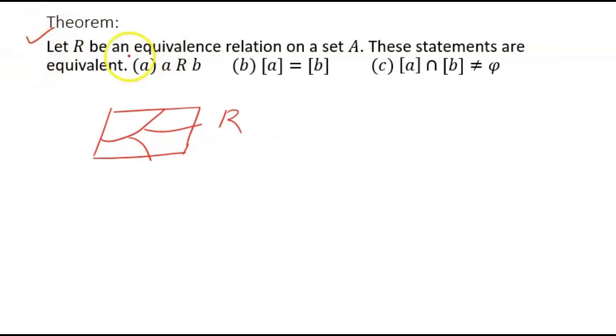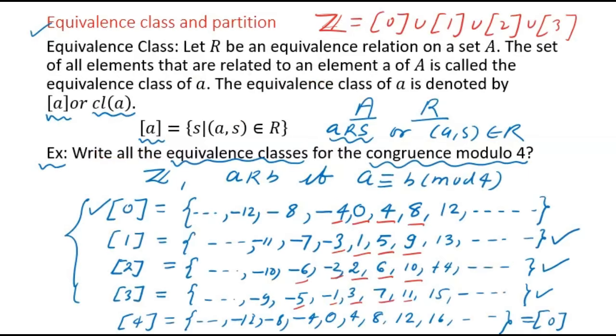the proof that if R is an equivalence relation on the set A, then these statements are equivalent. So if A is related to B, then equivalence class of A will be equal to equivalence class of B. And that is what we have seen here.